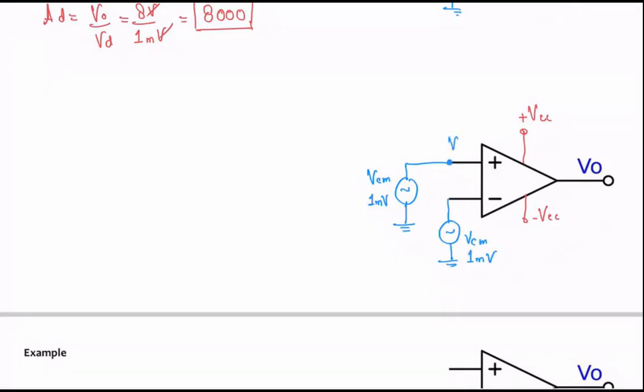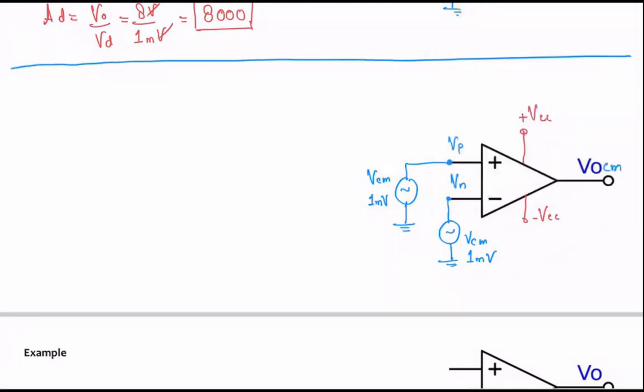Remember you have your Vp here and your Vn here. This is going to be your VOCM, the common mode output voltage. Here, Vp equals Vn, and they are both 1 millivolt, correct?